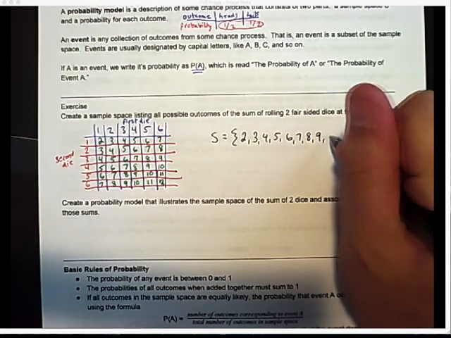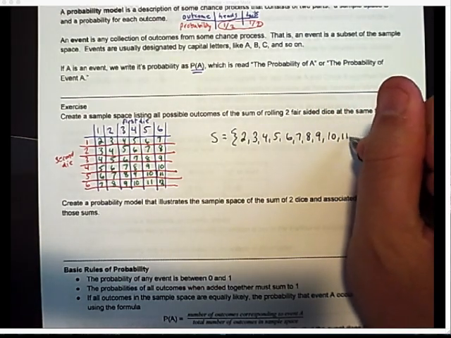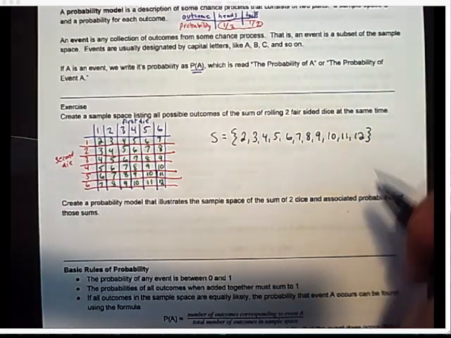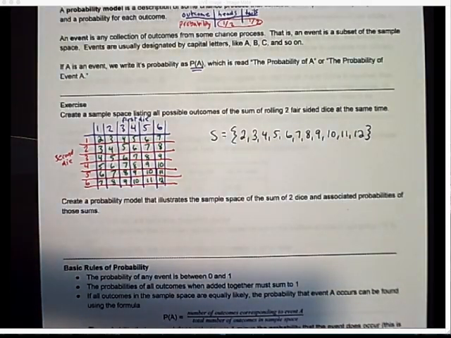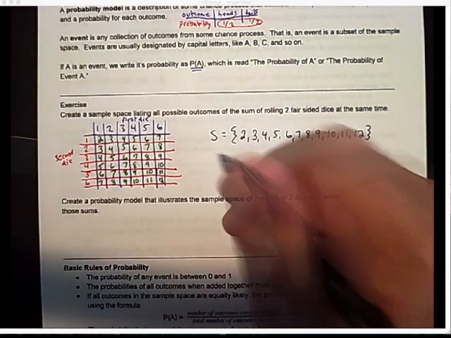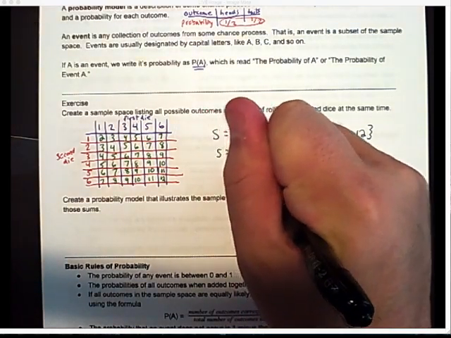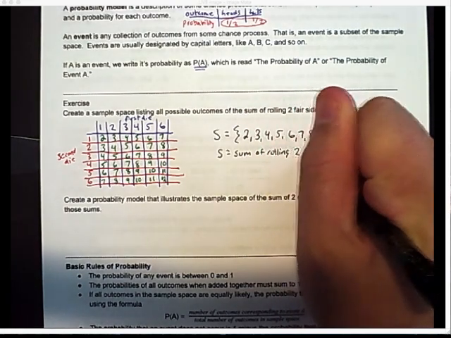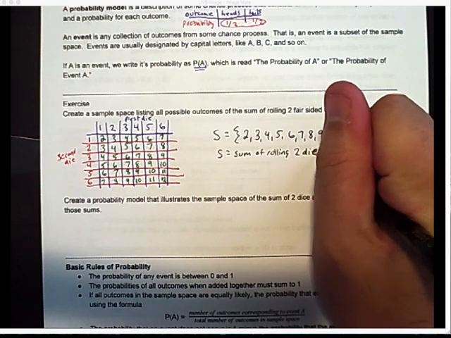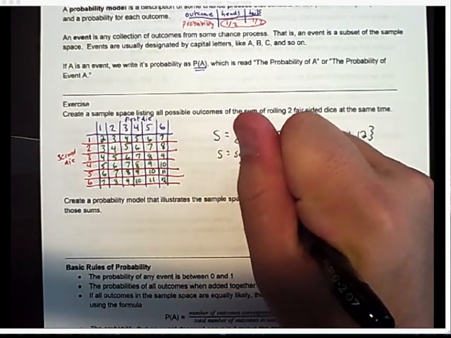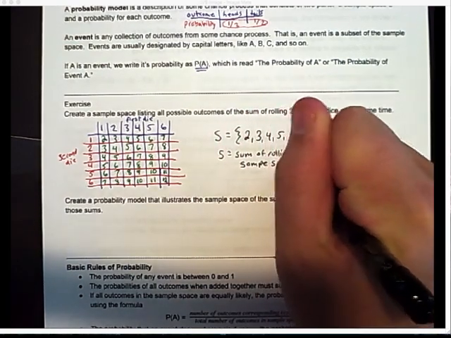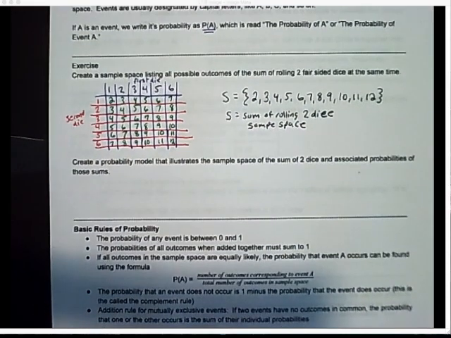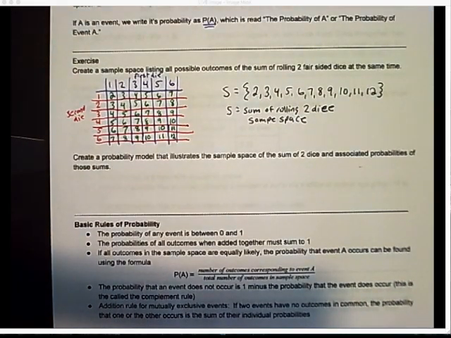I can get 9, I can get 10, I can get 11, I can get 12, but I can't ever get a number bigger than 12. So right there, that's the sample space, where S is the sum of rolling 2 dice. So those are all the outcomes.